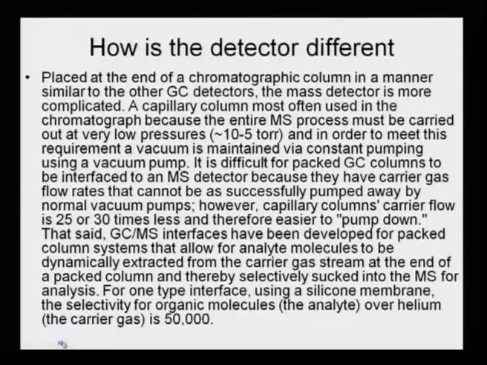It is difficult for packed GC columns to be interfaced to an MS detector because they have carrier gas flow rates that cannot be successfully pumped away by the normal vacuum pumps, and that is precisely why I mentioned a little while ago that only capillary columns are attached to the mass detector and not the packed columns. So, one must understand the configuration of the machine and what are the do's and don'ts in this machine, because it is a sensitive machine.